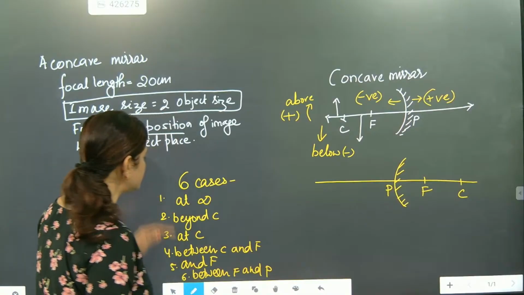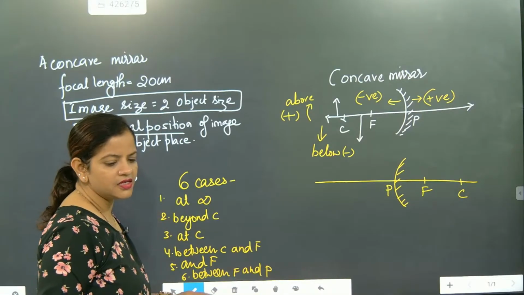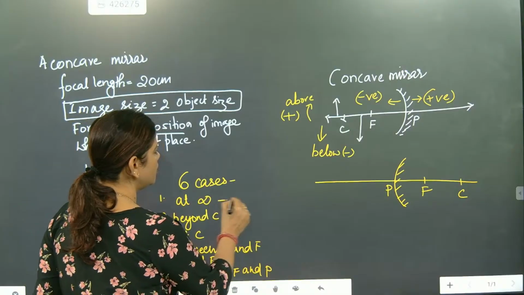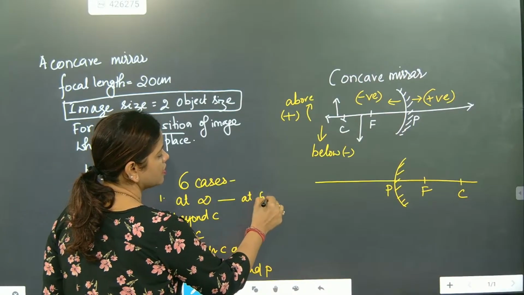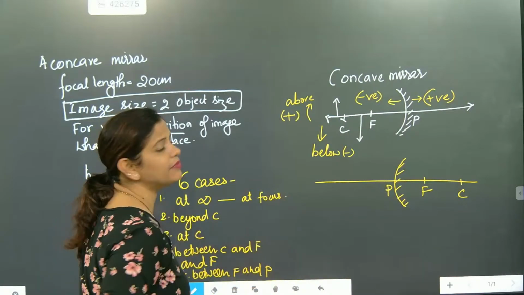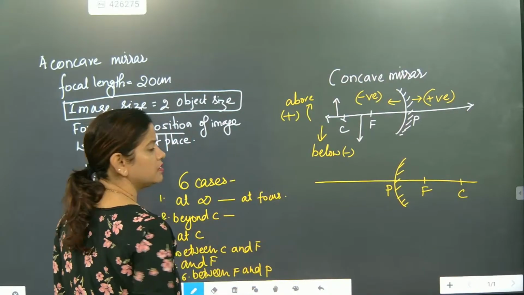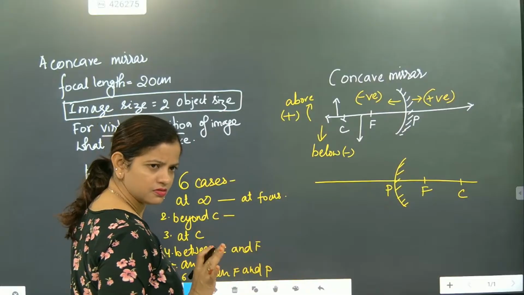Understood? So in all the 6 cases, when we look at the situation, the first is that when the object is at infinity, the image is obtained at focus. Highly diminished, point size image. Then beyond focus. Understand or not?